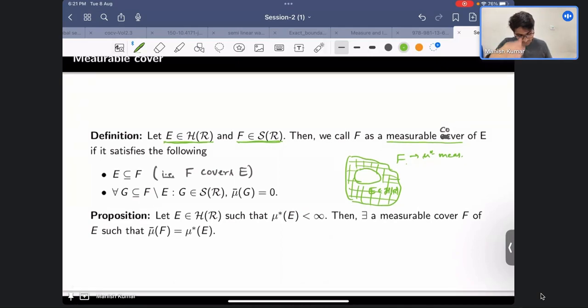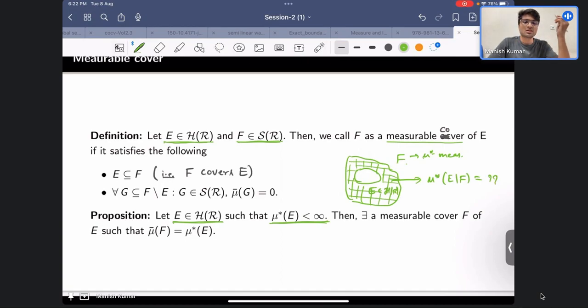The proposition says that if you have any element in HR such that its outer measure is finite, then using the outer measure, can you say something about this? So mu star of E minus F, what should be the value?